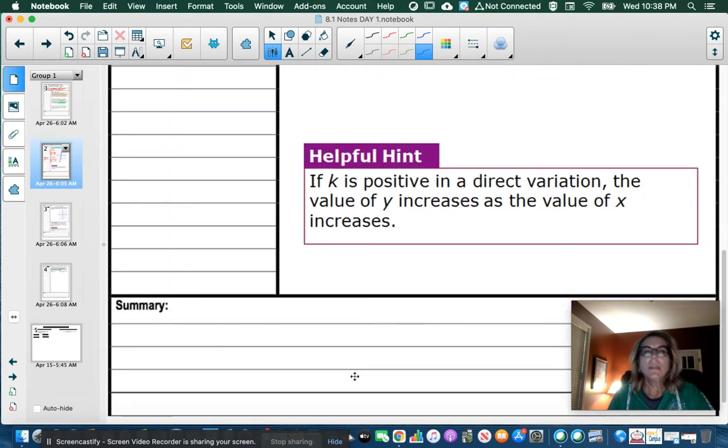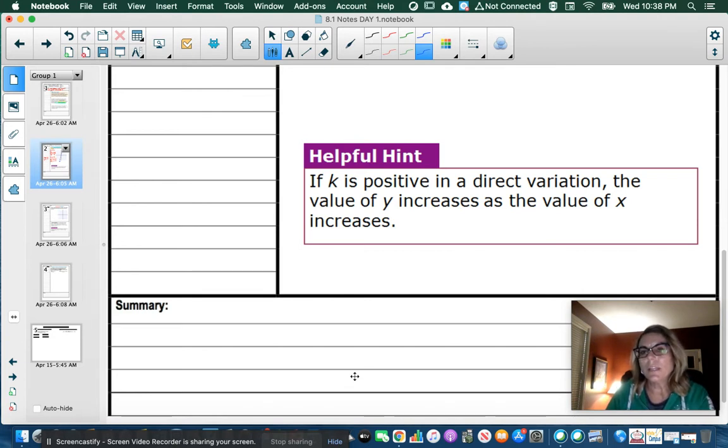Helpful hint. If k is positive in a direct variation, the value of y increases as the value of x increases. That's the direct variation. So I like to think of it this way: the faster that I drive to see my parents, the quicker I'm going to get there.